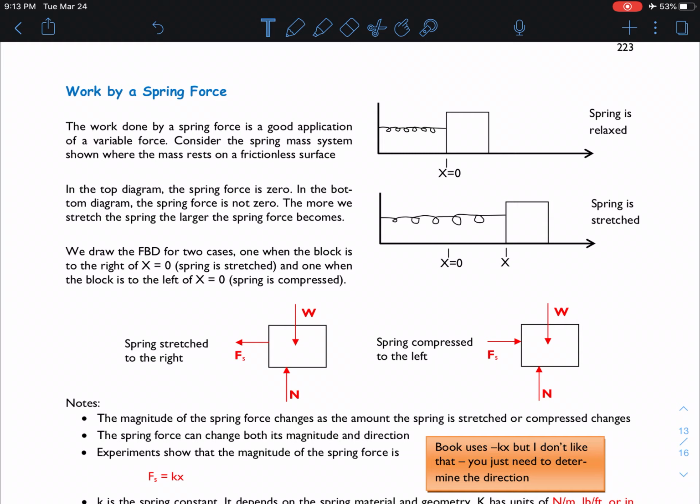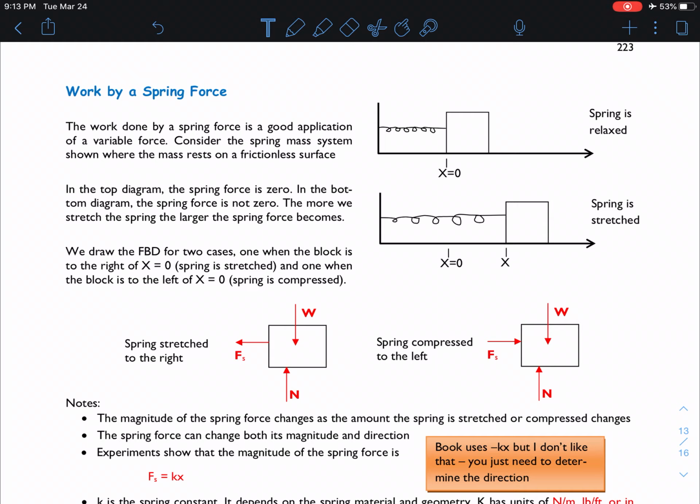The next thing is the work by a spring force. It's really just a specific case of a variable force, so it's a good application of a variable force.